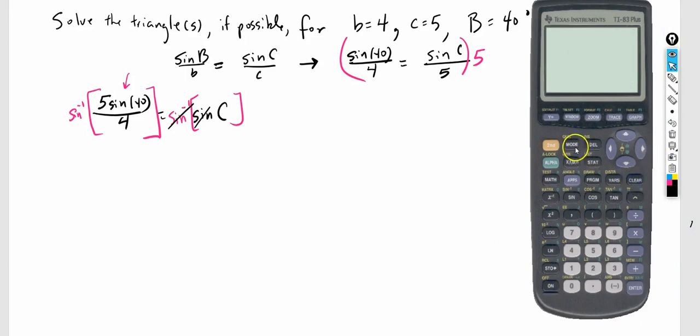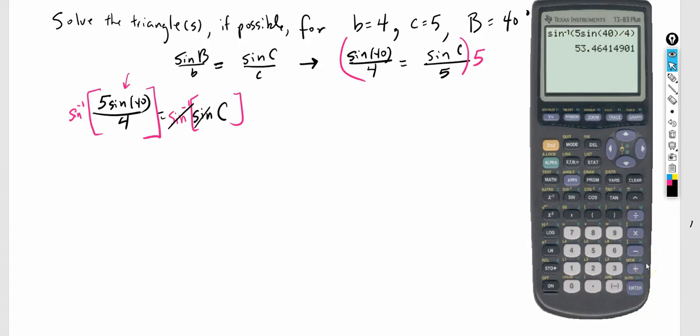So the first thing I'm going to do is come up here to mode and check that I'm in degrees. With my emulator, it defaults to radians every time I turn the laptop off. So I'm in degree mode. So I'm going to do second sine for inverse sine, and then 5 and sine of 40, then close parentheses, divided by 4, then close parentheses.